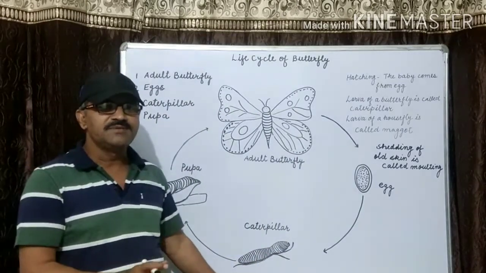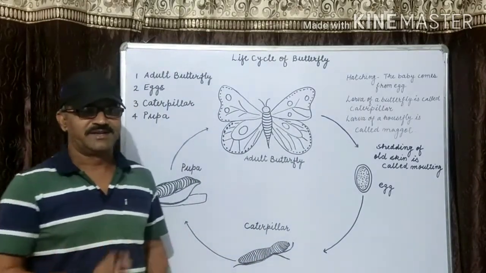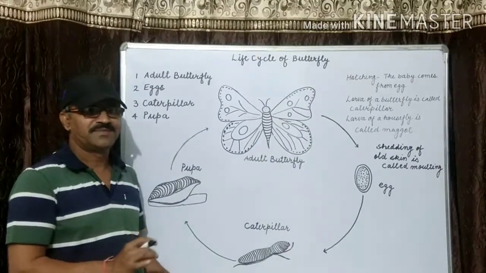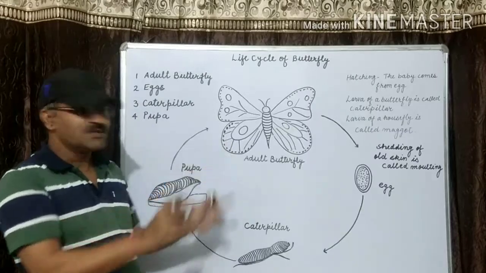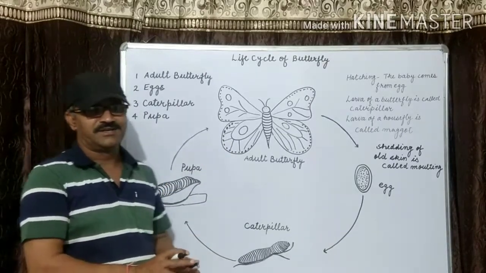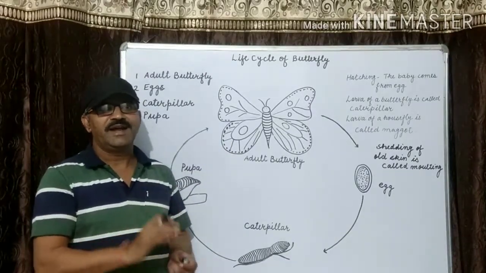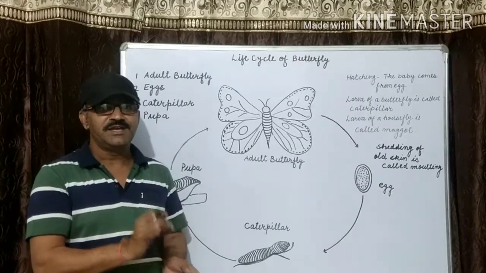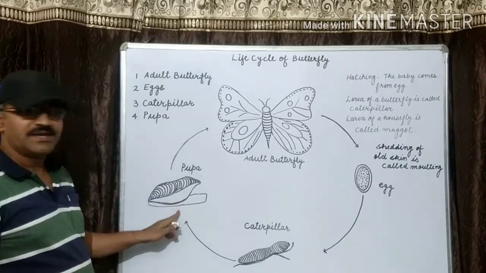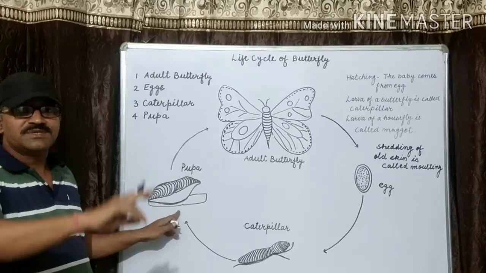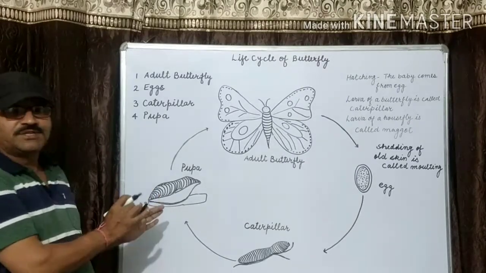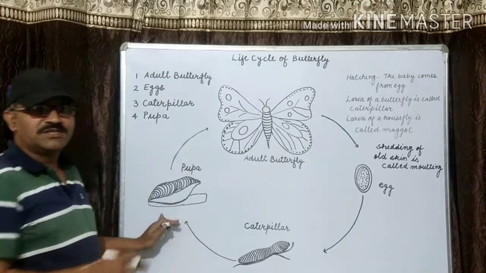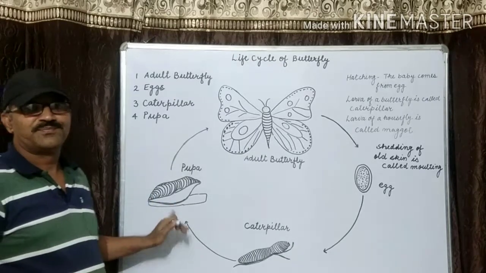Caterpillar eats leaves and grows rapidly. After some time, the caterpillar stops eating and forms a covering called the cocoon around its body. At this stage, it is called pupa.